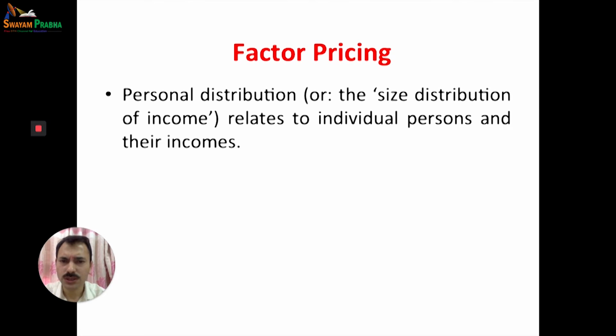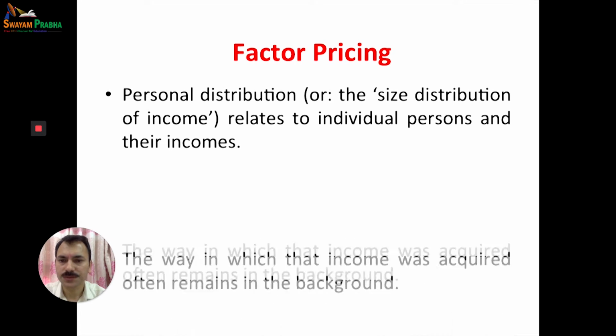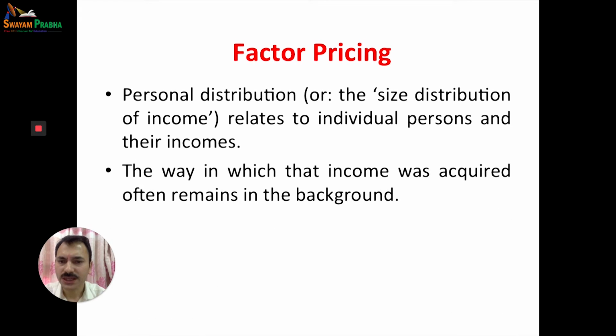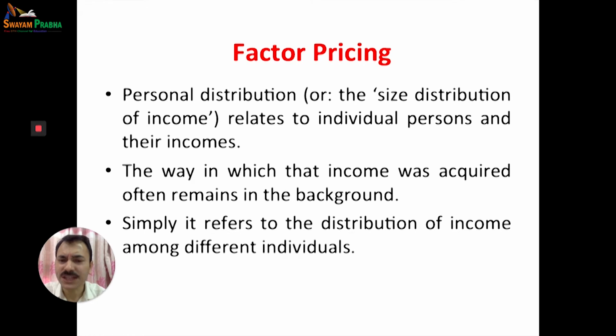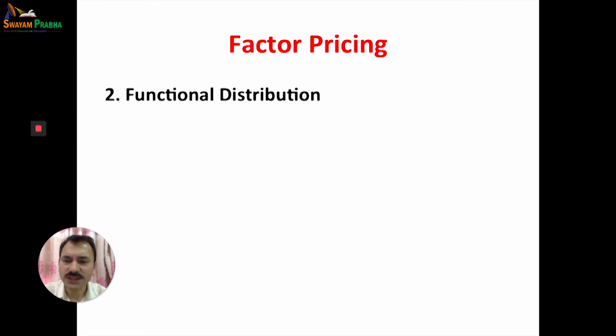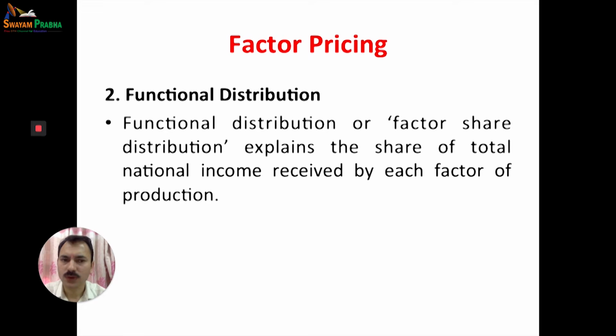Personal distribution, or the size distribution of income, relates to individual persons and their incomes. The way in which that income was acquired often remains in the background of factor pricing. Simply, it refers to the distribution of income among the different individuals.